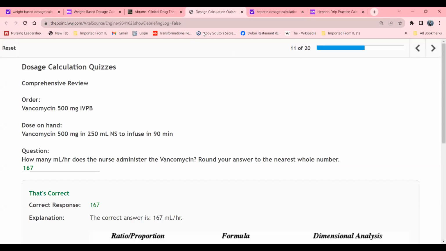All right, let's find a reconstitution. Let me just pause my share for a minute and find a reconstitution for you to go over real quick.